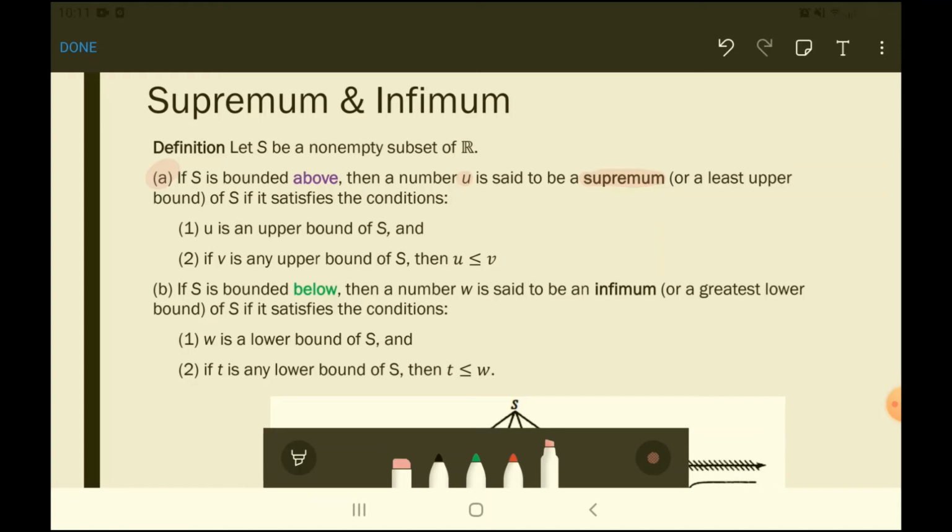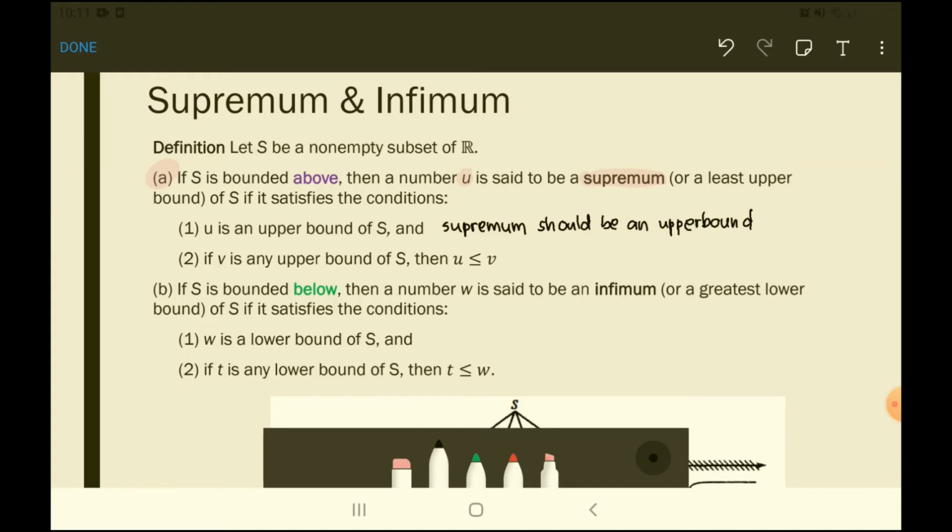So these two statements mainly say that a supremum first should be an upper bound. We know that a set can have more than one upper bound, right? So a supremum should be one of them first.